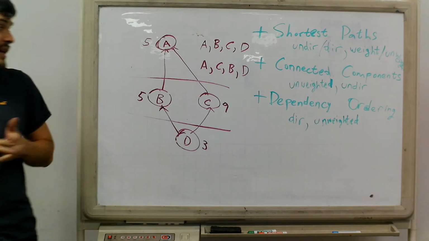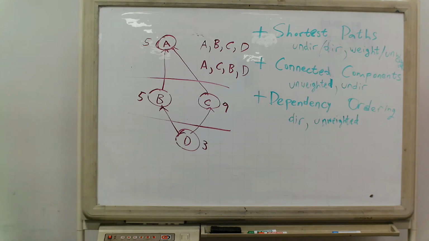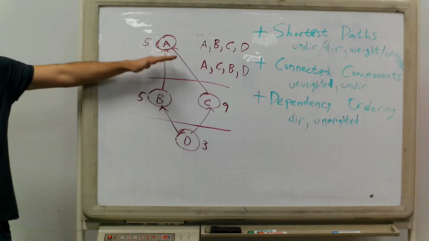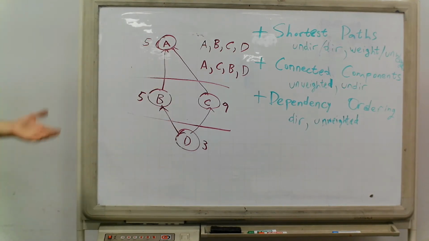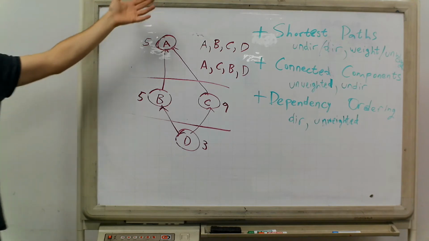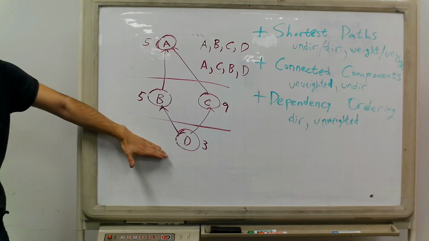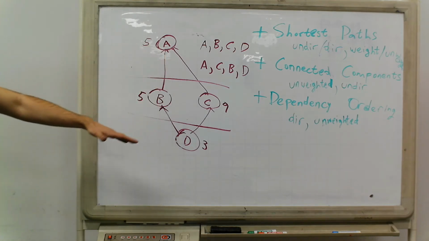You can view the tasks of a construction project or a software project as this kind of flow, where something has to get done before something else can happen, and these are dependencies.